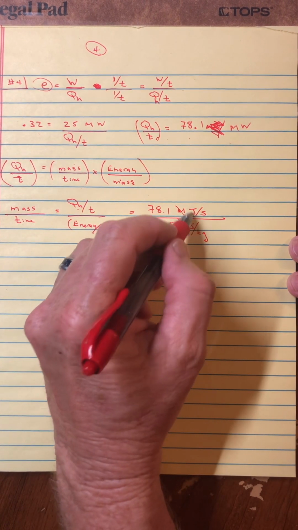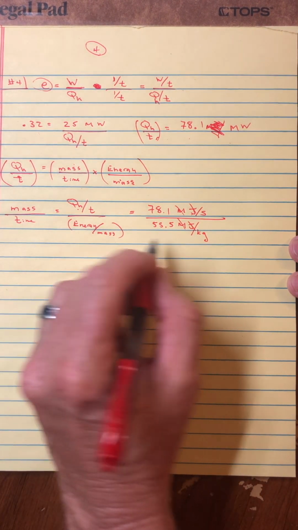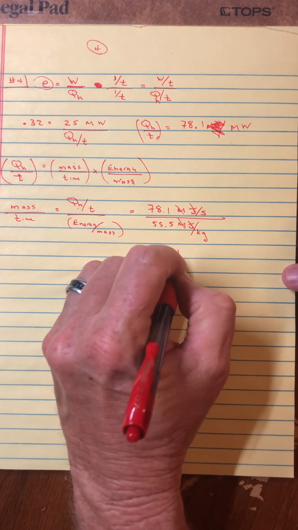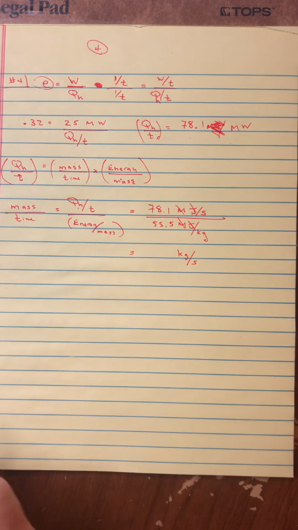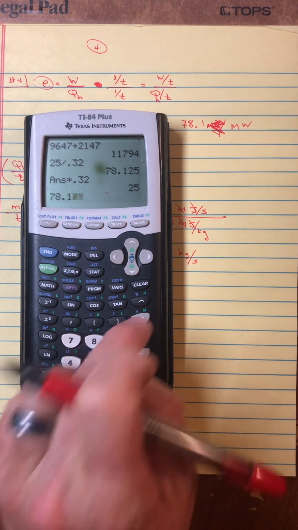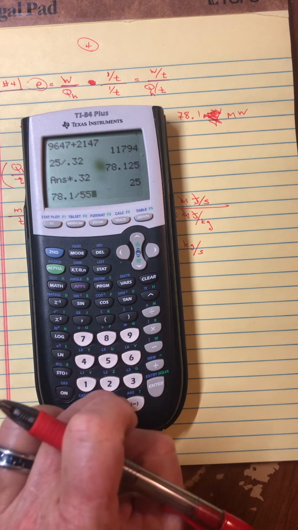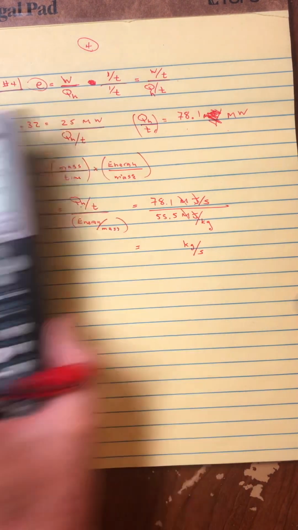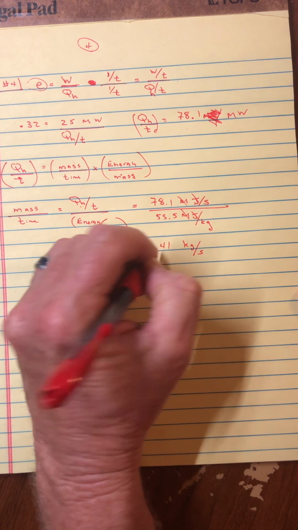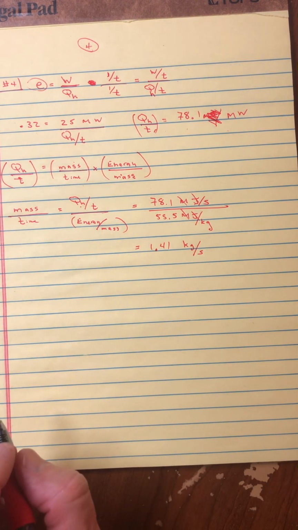So the mega and the joules will cancel off, and this compound fraction will flip and multiply, and so I'll get kilograms per second. So the 78.1 divided by the 55.5 is going to give me 1.41 kilograms each second.